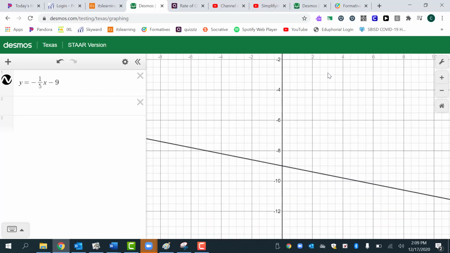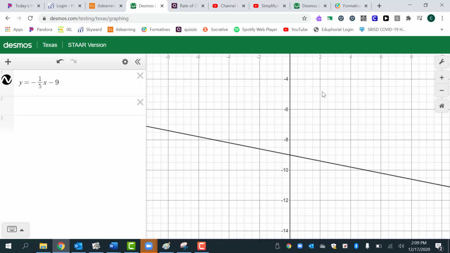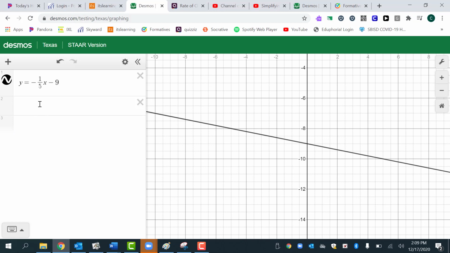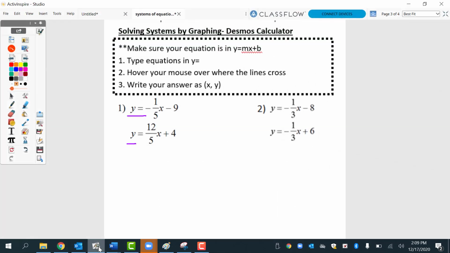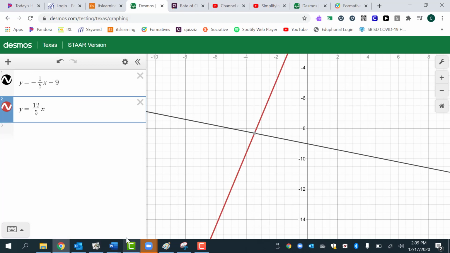Where's my graph? Oh, okay. There's no graph there. You've got to move the graph around and you will be able to find it. So there's the first graph. The second graph says y equals 12/5 x plus 4.